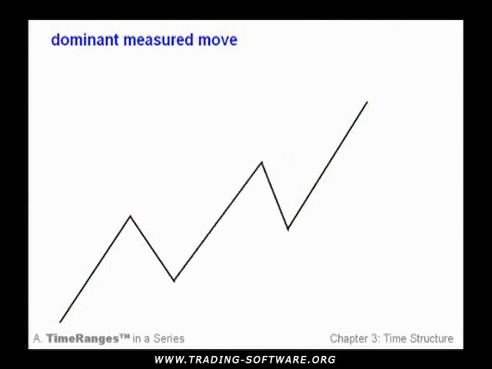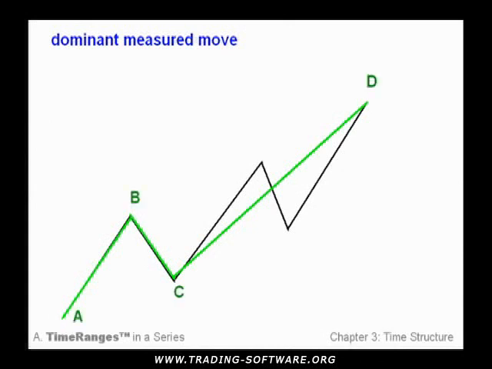Let's say you have a time range series like this, where the first one in a series is wider. Now if you were to redraw the dominant measured move over this structure, it would look like this. And with this particular type of layout, you can see that the CD move is already way beyond the AB move.